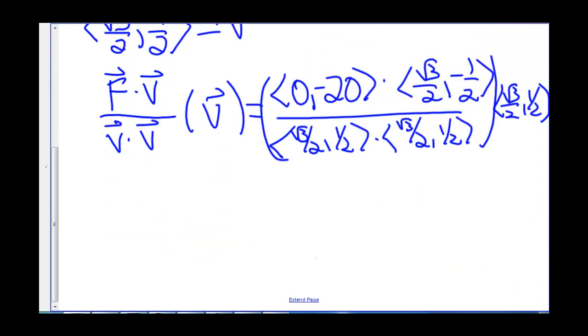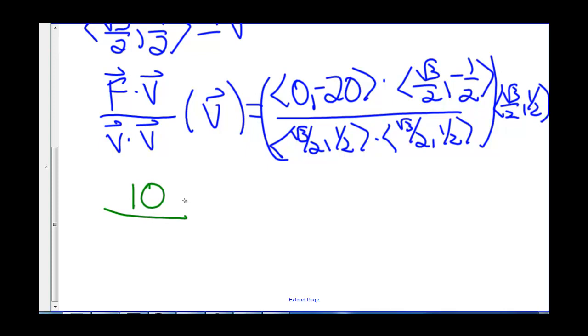Alright, so this top dot product, we get 0 times square root of 3 over 2 plus negative 20 times negative 1/2, so 10.